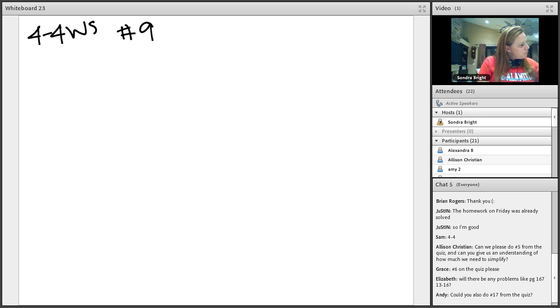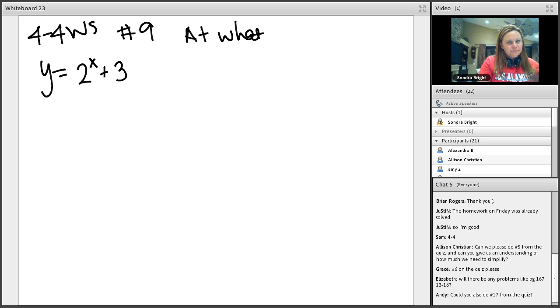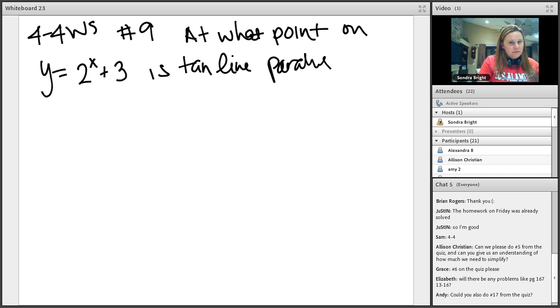At what point on the graph of y equals 2 to the x plus 3 is the tangent line parallel to y equals 5x minus 1?